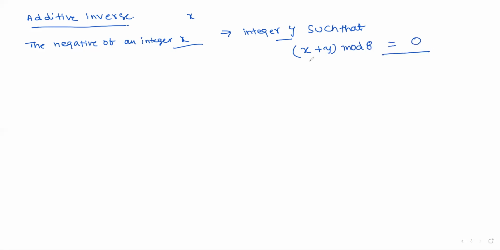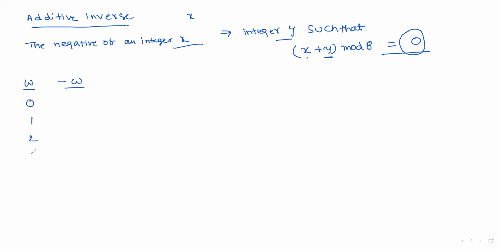That is, if x and its negative y are added with mod 8, the remainder must be 0; only then the two are called additive inverses. For example, the additive inverse of w is represented as minus w.